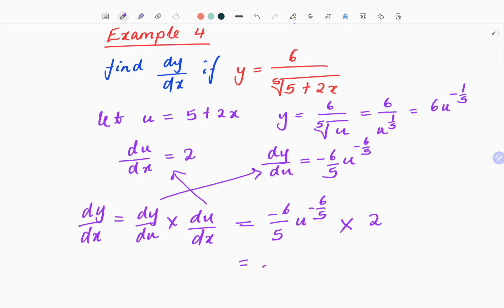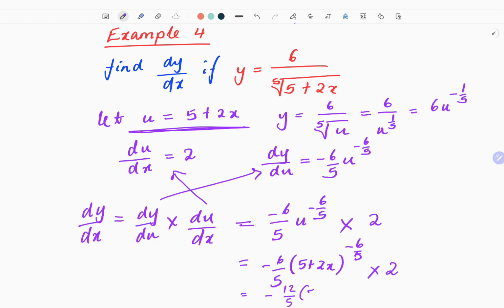You want to replace now your u again at the end with (5 plus 2x) to the power negative 6 over 5 times 2, which you can simplify further to be negative 12 over 5 (5 plus 2x) to the power 6 over 5.